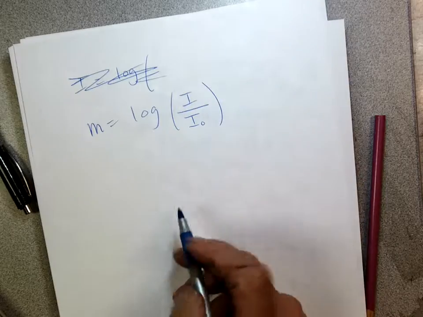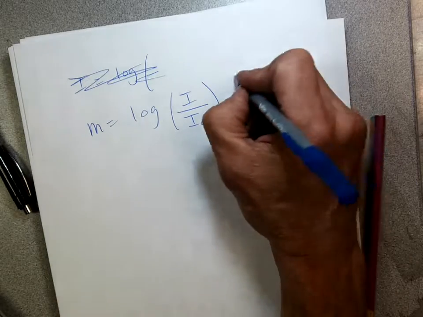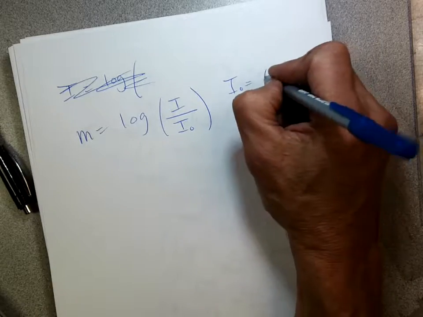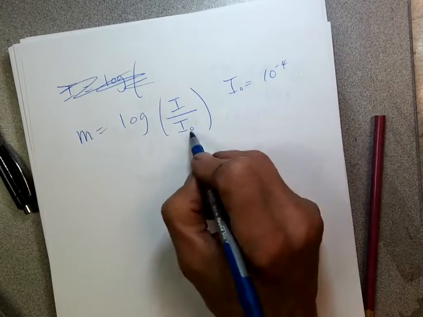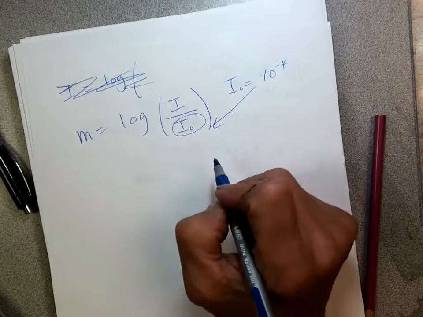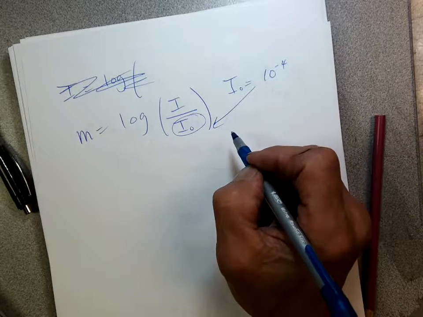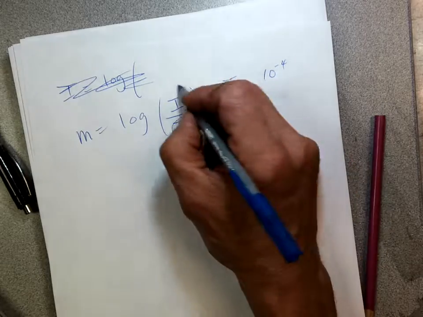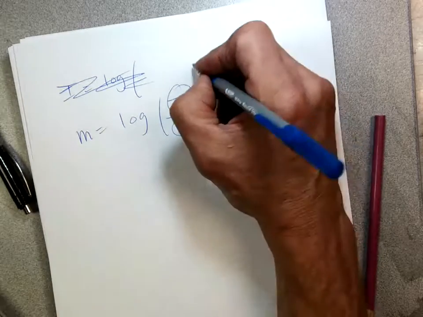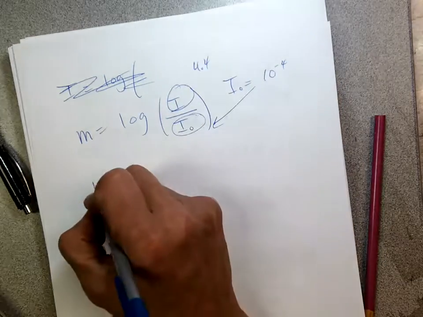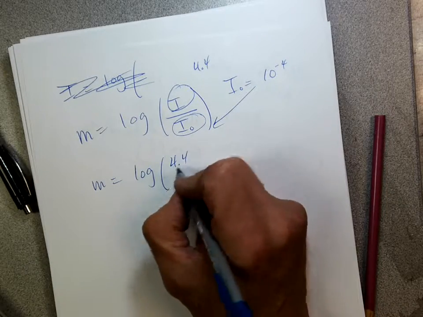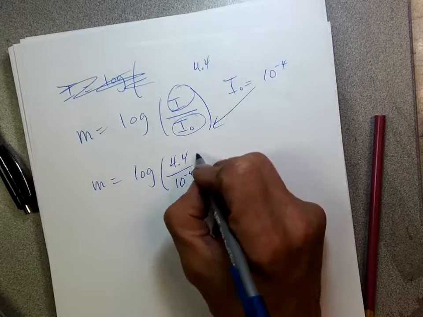Okay, so we found out that I of 0 is a standard intensity, and that's going to be 10 to the -4. We're going to put that right there, always. So find the magnitude with an earthquake seismology reading of 4.4. So that's my intensity, my 4.4. So I'm going to go magnitude equals log of 4.4 divided by 10 to the -4.